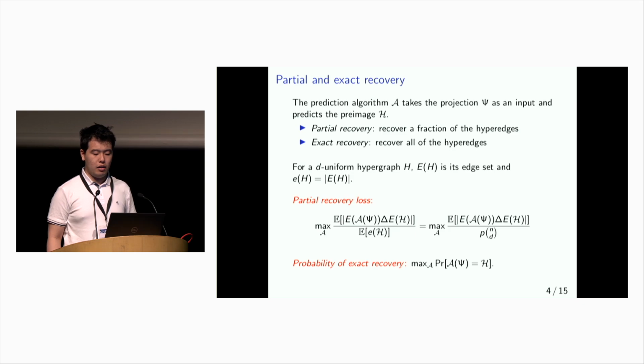It's the expected value of the symmetric difference between the hyperedges in the prediction and the pre-image divided by p and choose D. So essentially, if it's approximately equal to 0, then we have recovered all of the hyperedges. And there's also the probability of exact recovery, which is the maximum probability that the predicted hypergraph matches the pre-image.